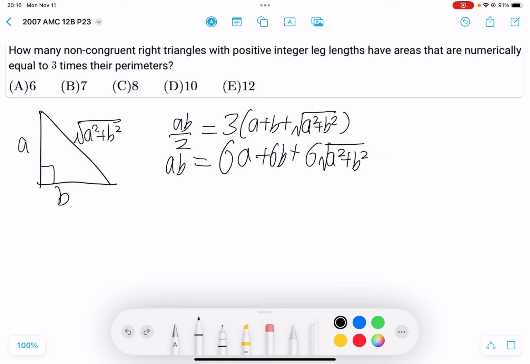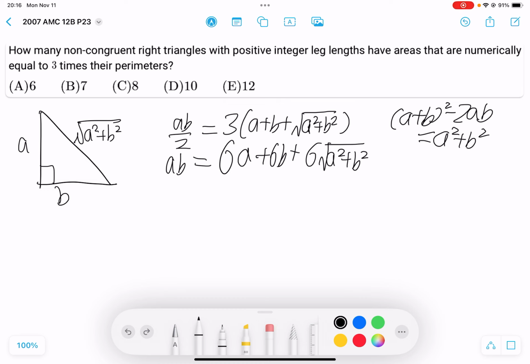Notice a squared plus b squared is just a plus b squared minus 2ab. And a plus b is over here, that's 6 times a plus b, and ab is over here.